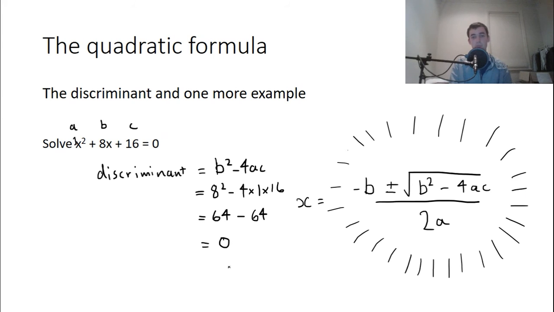Which is 0. So, what that means is, this part of it is going to disappear, because it's 0. So the only part we have left is minus b over 2a.